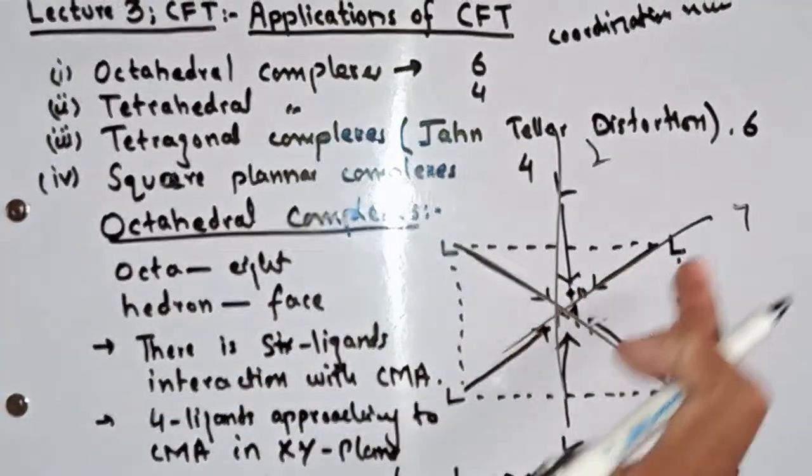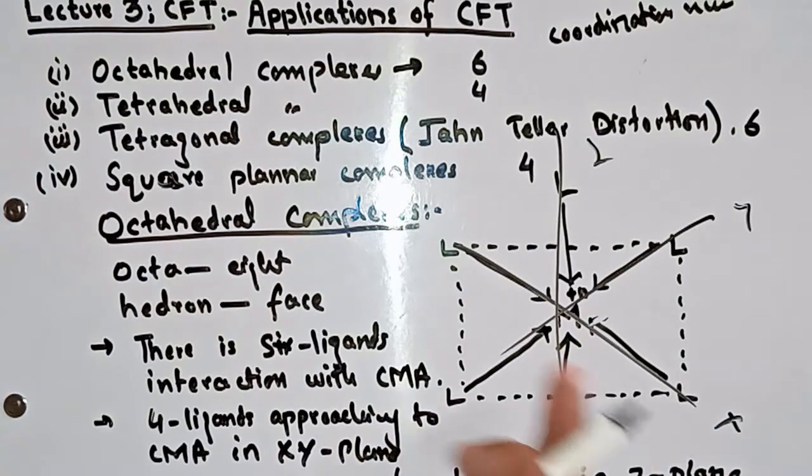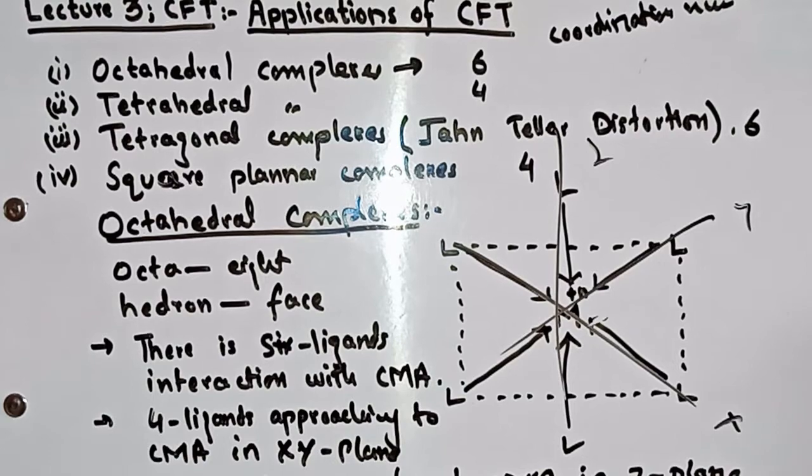There are two ligands on the x axis, two ligands on the y axis, and two ligands on the z axis. In total, in the xy plane, the square plane, there are four ligands, and along z two ligands approach the central metal. So here some distortion occurs, like how. You can also take a screenshot of it.